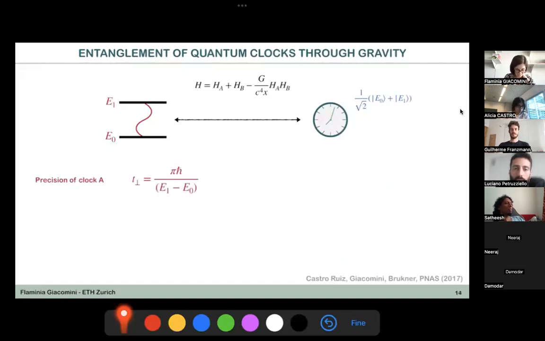Now, we have seen that the precision of a clock is the orthogonalization time. So it is pi h bar divided by the energy gap. And we have also seen in the previous slide that I can quantify the disturbance of clock B due to the presence of clock A with the phase difference between the two cases. So if I take the physical dimension of a time, then this is quantified in this way.